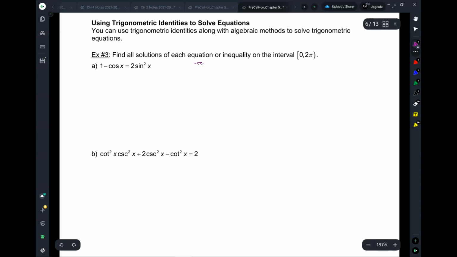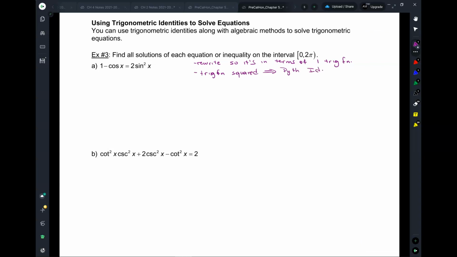So rewrite it so it's in terms of one trig function, okay? Trig function squared means Pythagorean identity. So look, I have a sine squared and a cosine.